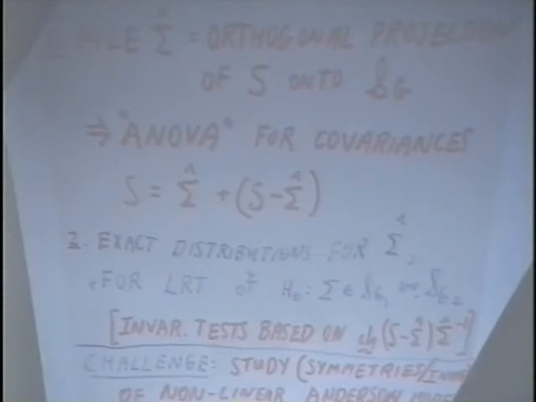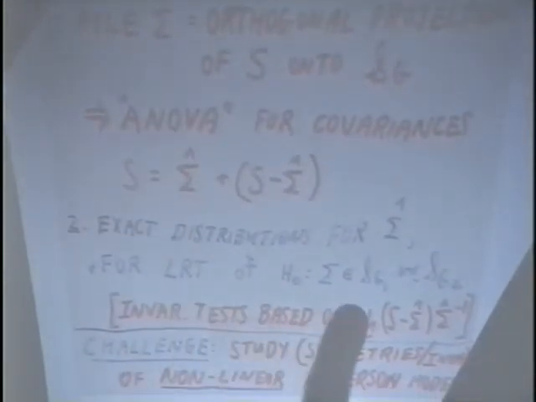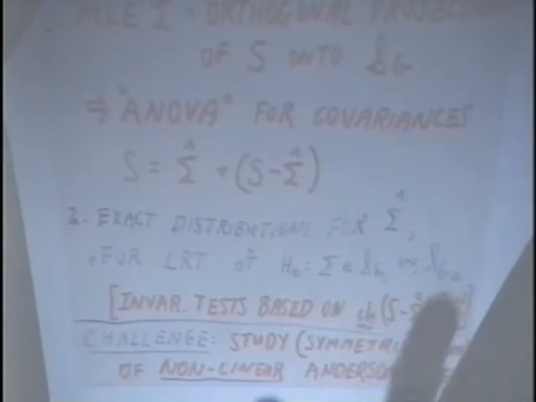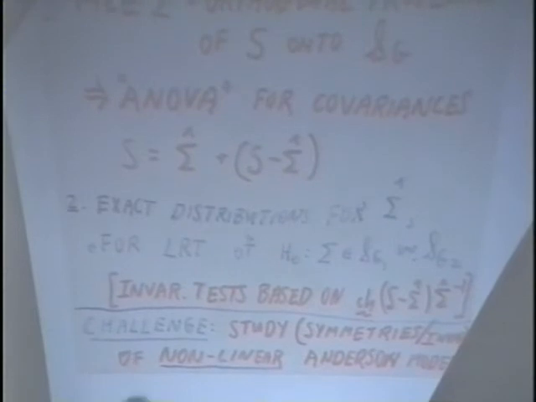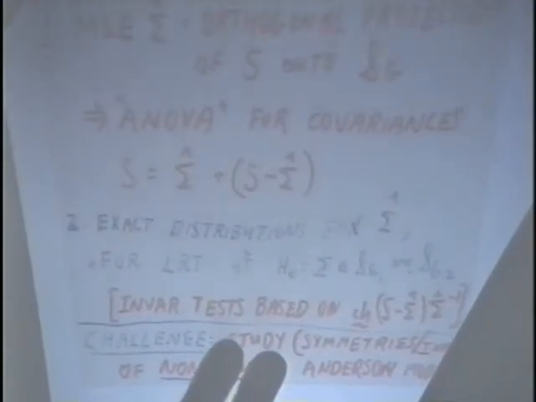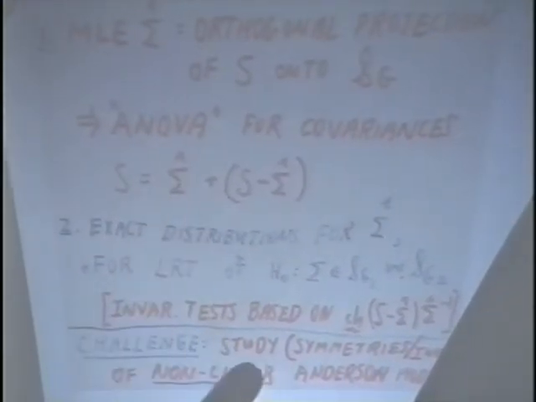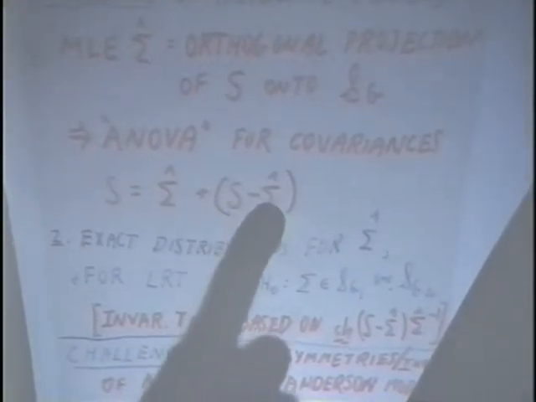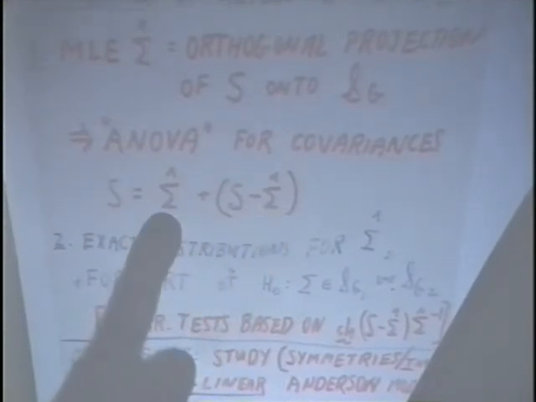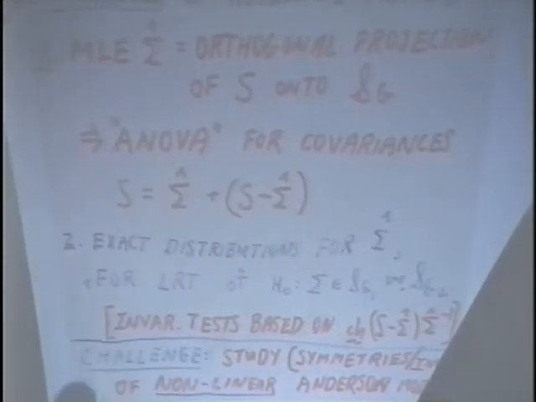Exact distributions for maximum likelihood estimators and for likelihood ratio test statistics, testing one model versus another, are also obtainable. Invariant tests, incidentally, for such hypotheses are based on, very simply, the characteristic roots of this residual matrix with respect to the sigma hat matrix.